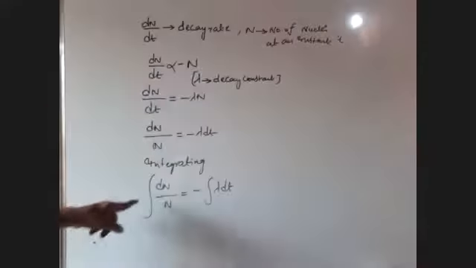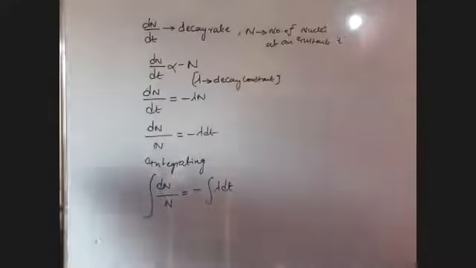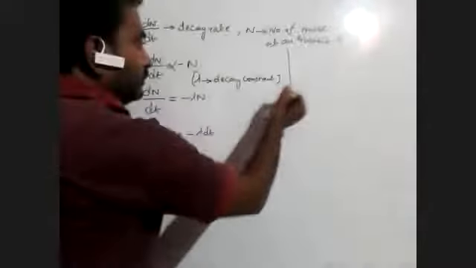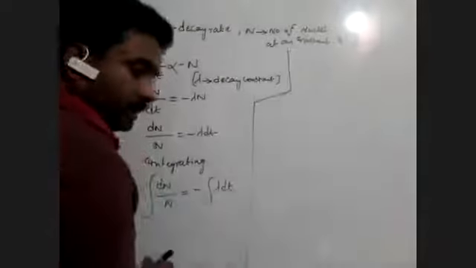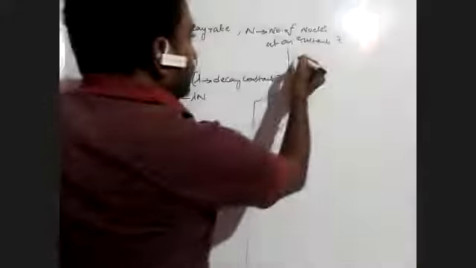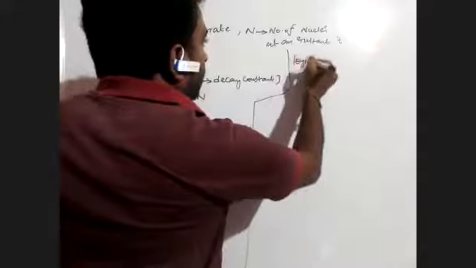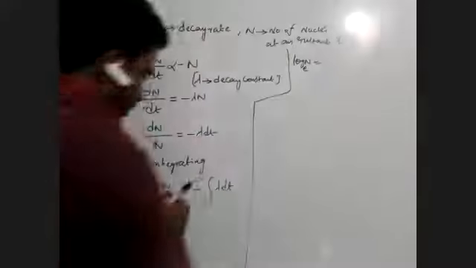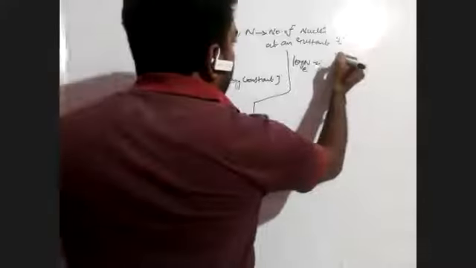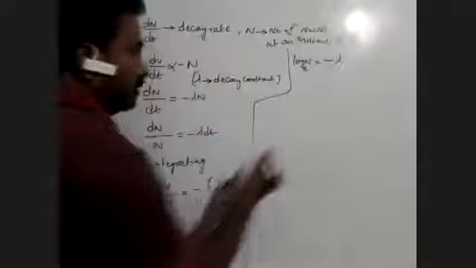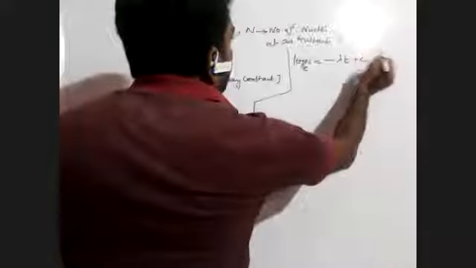The integration of 1 by N dN is log N. So log N to the base e is equal to minus lambda, integration of dt is t, plus a constant.